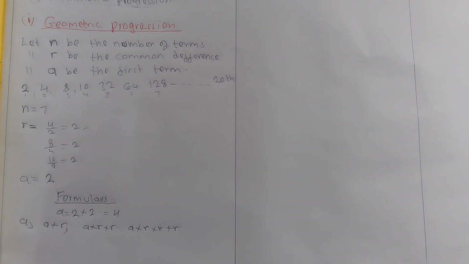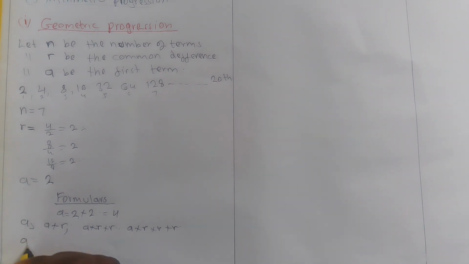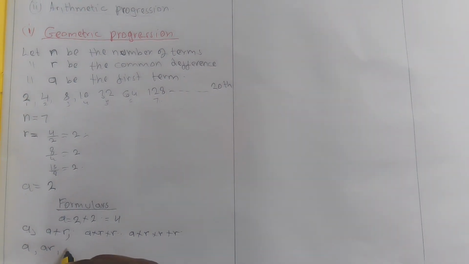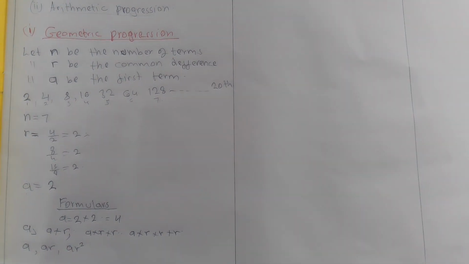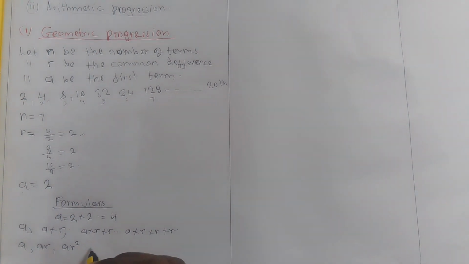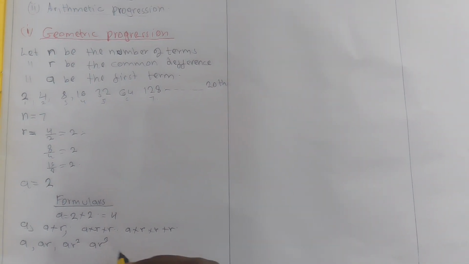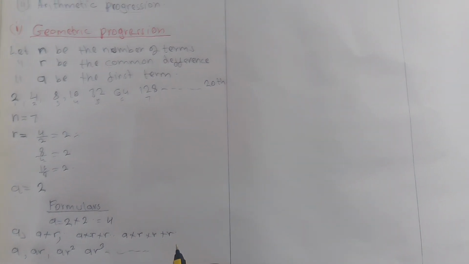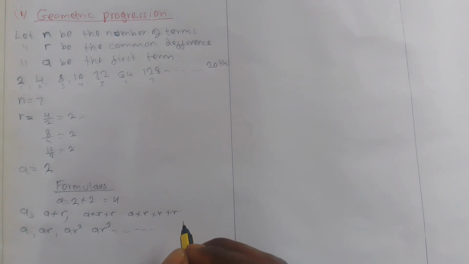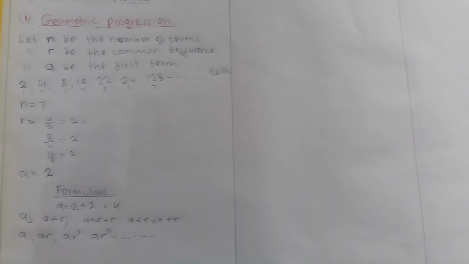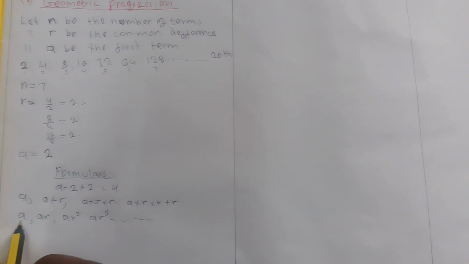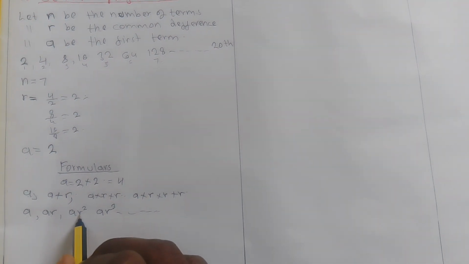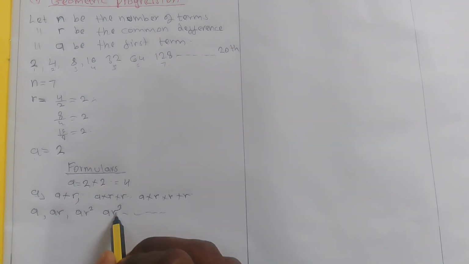So in short, our first term is equal to a, second term is equal to ar, third term is equal to ar squared, and fourth term is equal to ar cubed, and it goes on as follows up to the maximum. So what you need to understand is how you can get the first term, second term, third term, and fourth term.